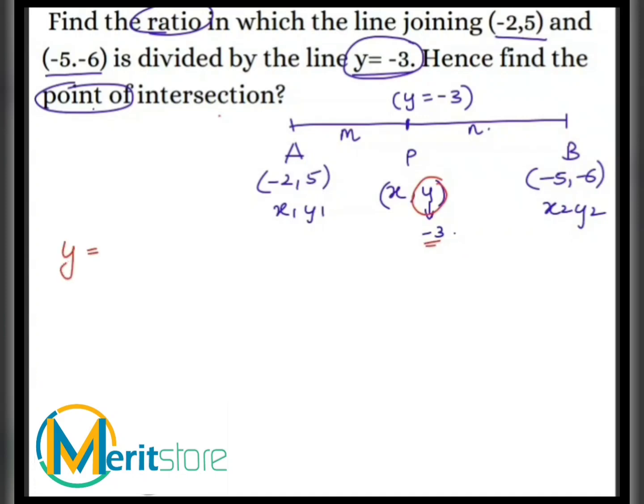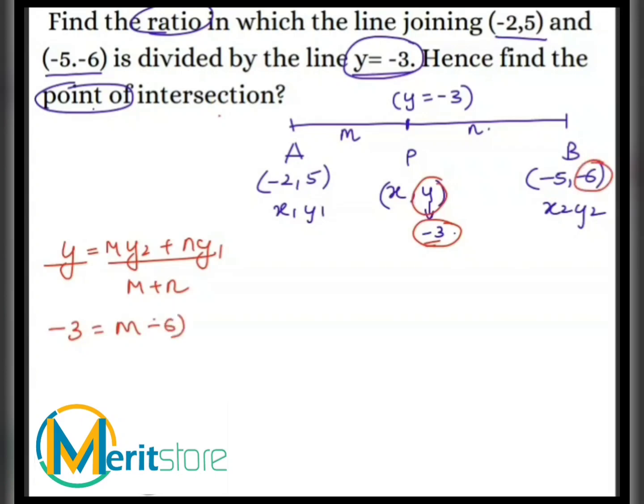So formula is y is equal to m y2 plus n y1 upon m plus n. In place of y, I'm going to write -3. -3 is equal to m y2. y2 is -6. So -6 plus n and y1 is 5. So 5 upon m plus n.